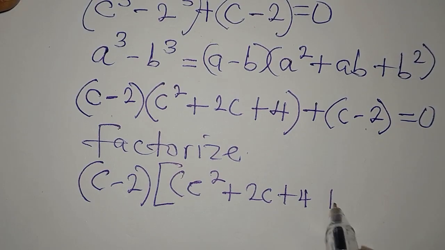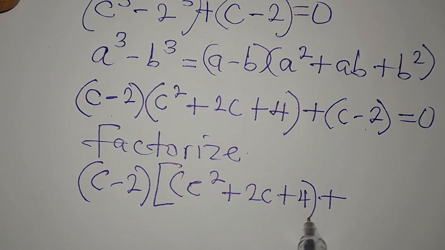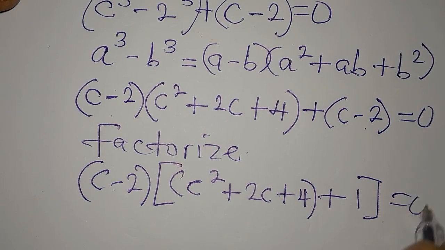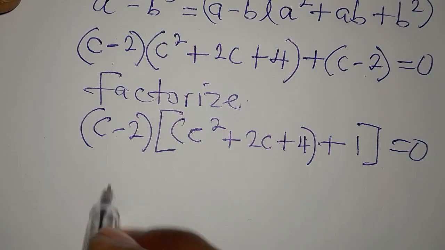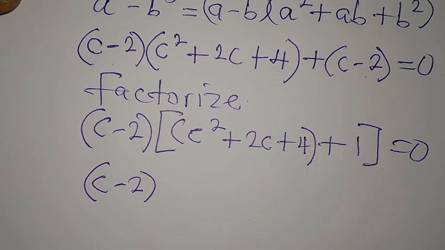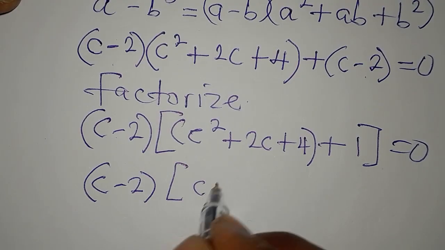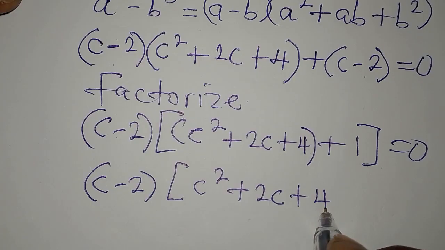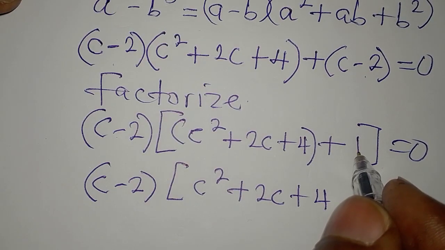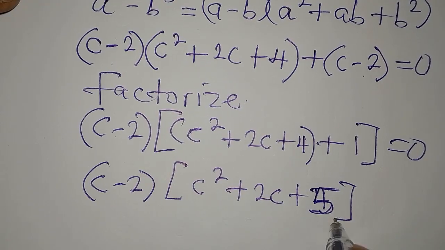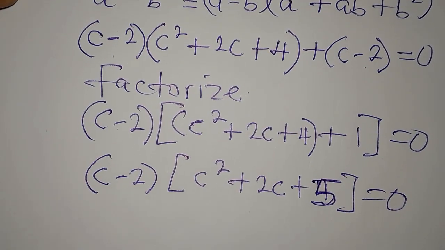Then we have plus this, let's close this, this divided by this is 1, then we equate to 0. C minus 2 is still coming down. Then we have C squared plus 2C plus 4 plus 1, that will give 5, so let's get 5 already. Then we equate to 0.